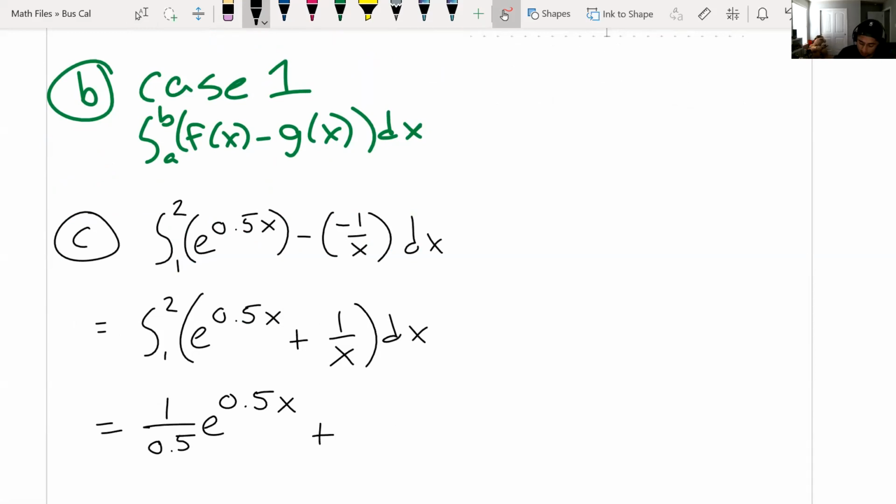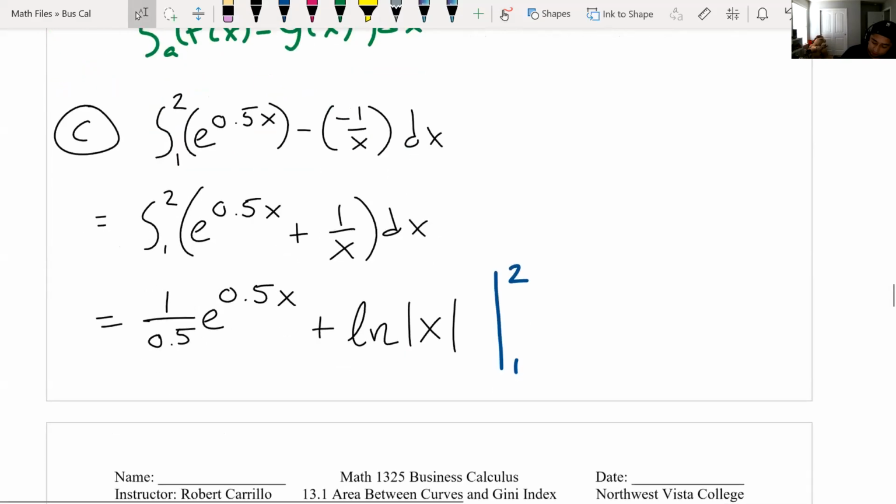So this will become the natural log of the absolute value of x, and we are evaluating all of this from 1 to 2.